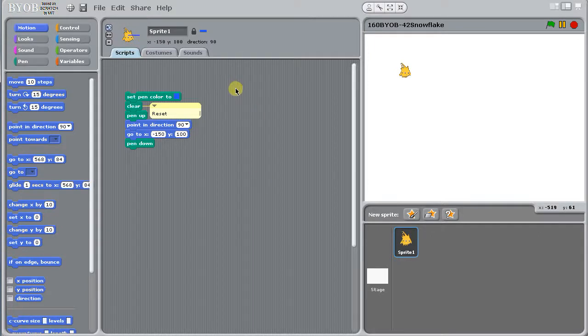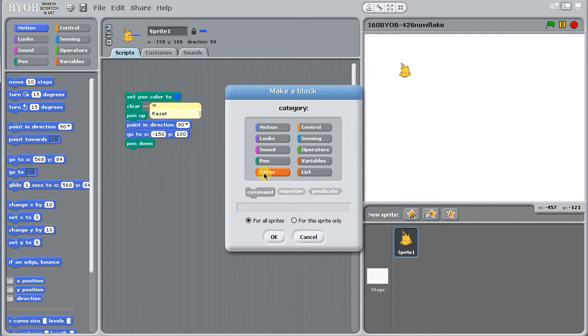And here we've got just a script to get us reset. I'm going to go ahead and make a new block. Draw a snowflake. And I'm going to use the same trick. Percent size, percent levels.